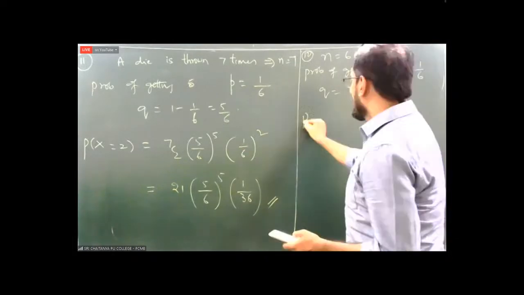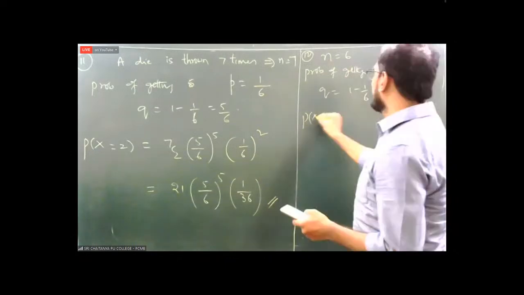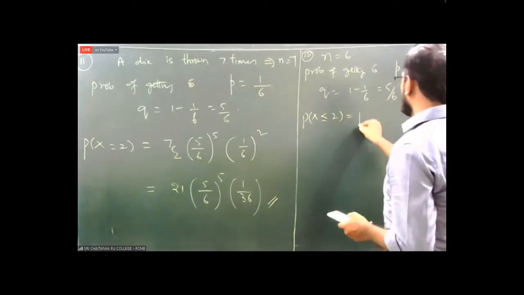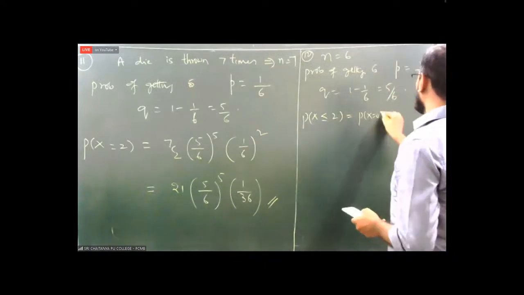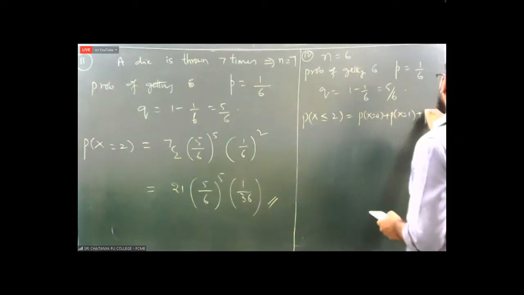Now, at most two sixes. P of x less than or equal to 2 is equal to P of x is equal to 0 plus P of x is equal to 1 plus P of x is equal to 2.